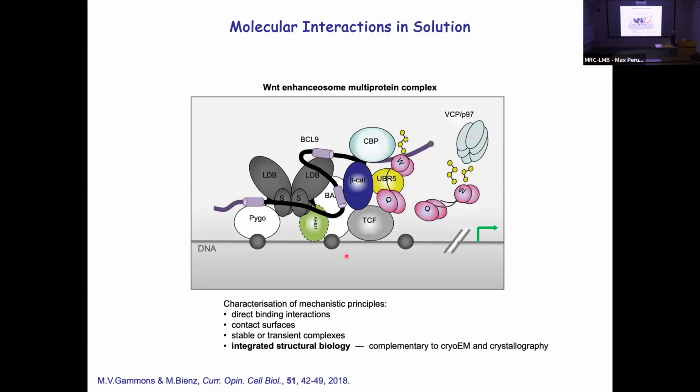So it gives us the direct binding interaction, it gives us the contact surfaces, it tells us whether the complexes are stable or transient, and we should always include the idea that we have this integrated structural biology effort. So we are complementary to the other information that you can get from cryo-EM and crystallography.